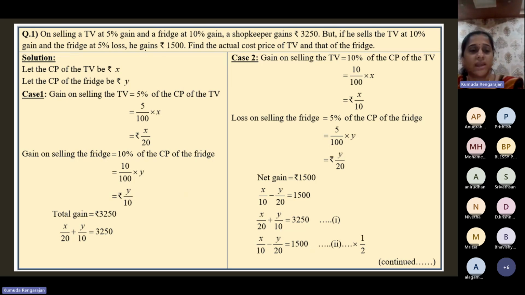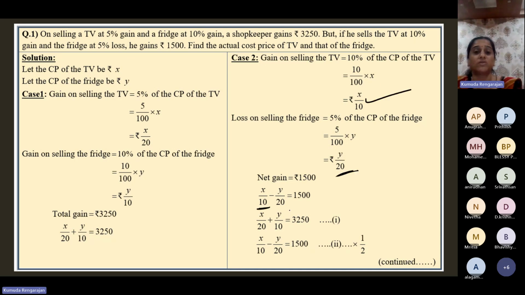So what is given here? The net gain is 1,500. That means the profit you make here minus the loss incurred is equal to 1,500. You should not add both. Gain minus loss. You gain X by 10, but you have lost Y by 20.